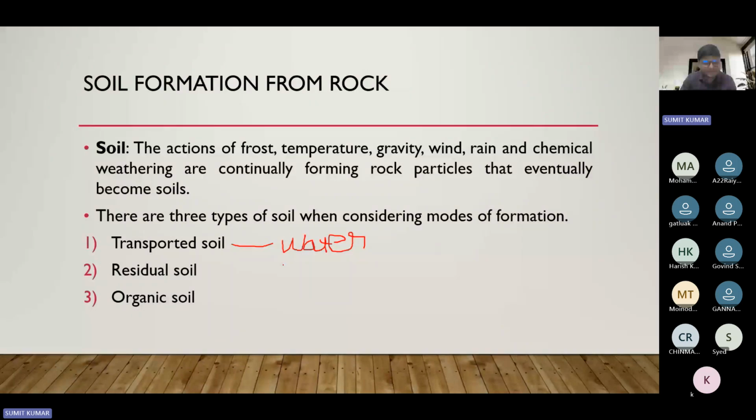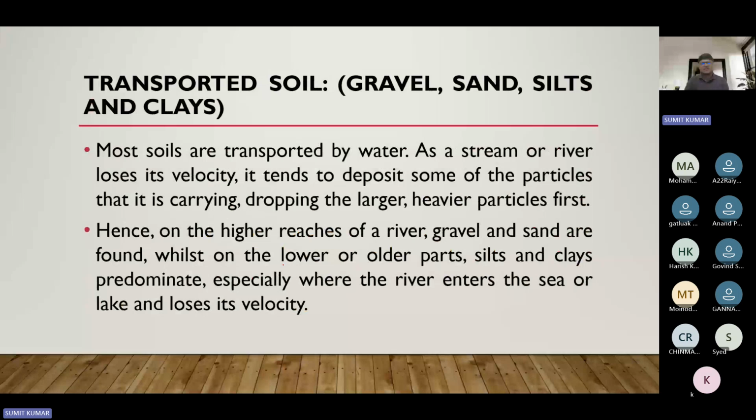Now see, we will go one by one. We started with the transported soil. In the transported soil, we say gravel, sand, silt, and clay.